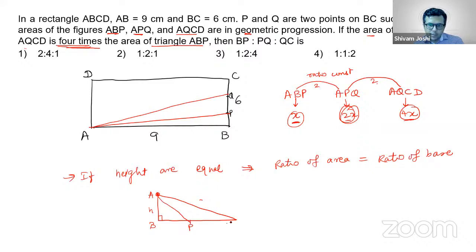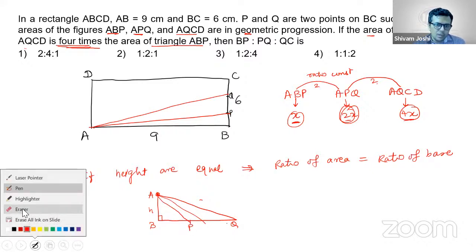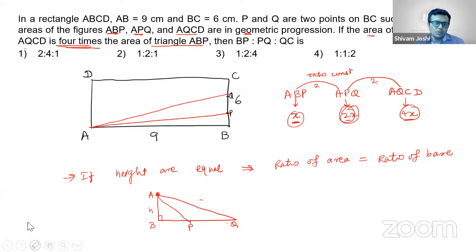Now for APQ, if I'm asking you what is the height, again, it is the same height, which is AB, right? It is not that the height is always inside the triangle. You cannot draw a height which is not at 90 degree, right? And therefore, even for triangle APQ, your height is something which is at 90 degree from A, and that has to be AB only, right? Which means the heights are equal for ABP as well as for APQ, right? For both these triangles, the heights are equal.